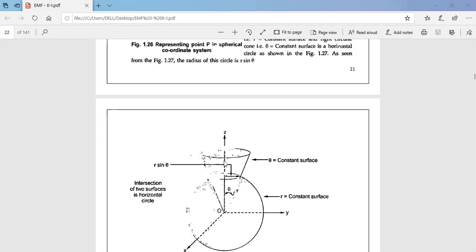Come again. This cone is traveling across your sphere.